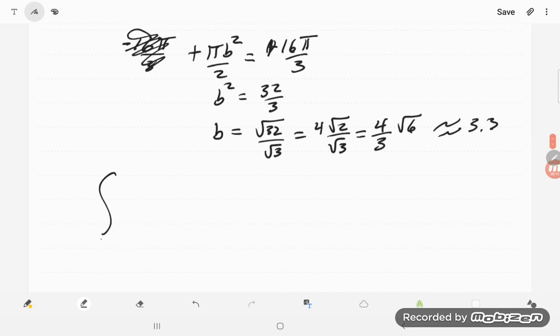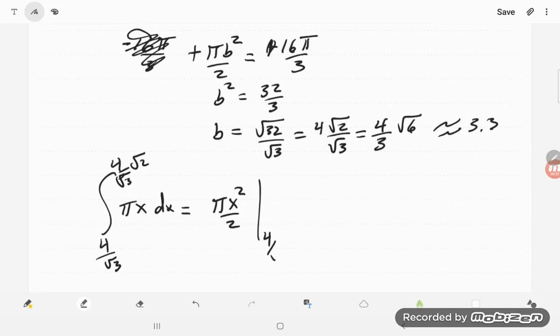And so if I have 4 over the square root of 3 and 4 over the square root of 3 times the square root of 2, that's one way to look at that, of my pi times x dx, right? That's pi x squared over 2, 4 over the square root of 3, and 4 over the square root of 3 times the square root of 2.